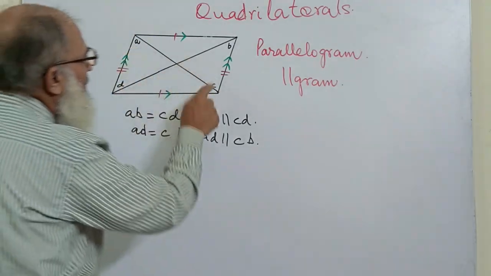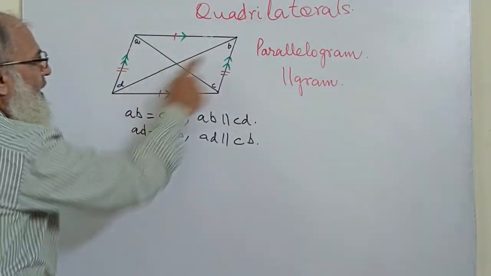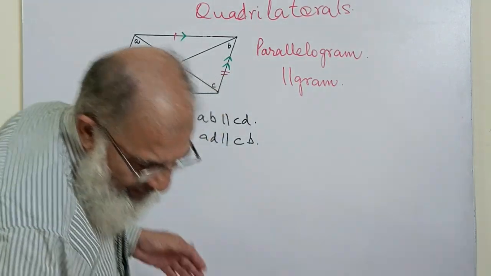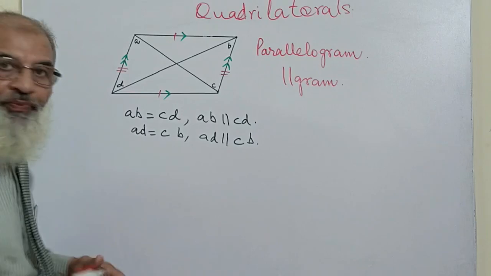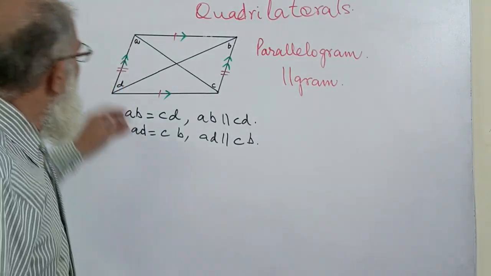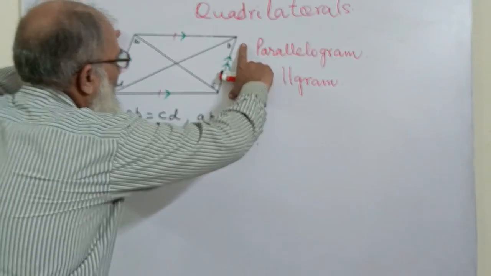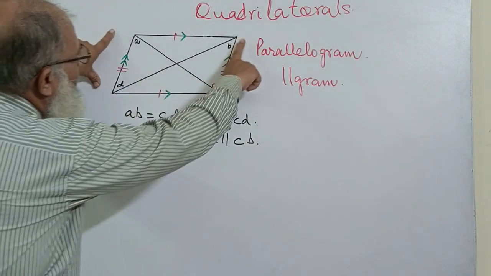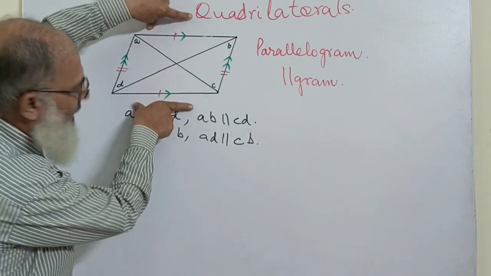This is AC and BD intersecting at one point. Opposite sides are parallel and equal. To be the précis of what I said, two opposite sides are parallel and equal. This side is parallel and equal, and this side is parallel and equal.